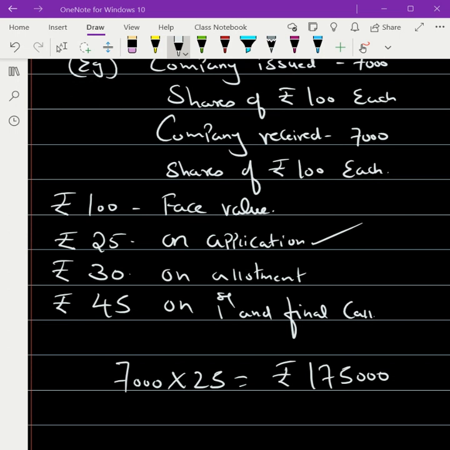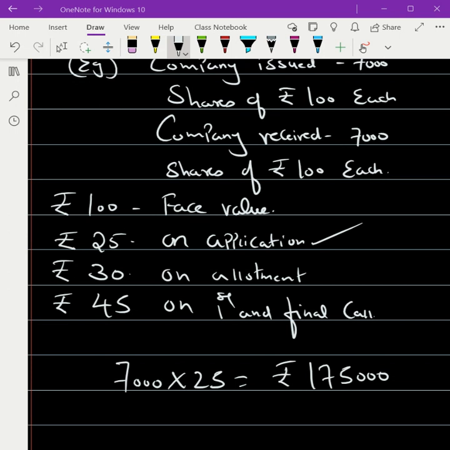When no information is given on whether the company has done the allotment or the first call, at that point you'll calculate the application money alone, and you'll say the called up capital is rupees 1,75,000.